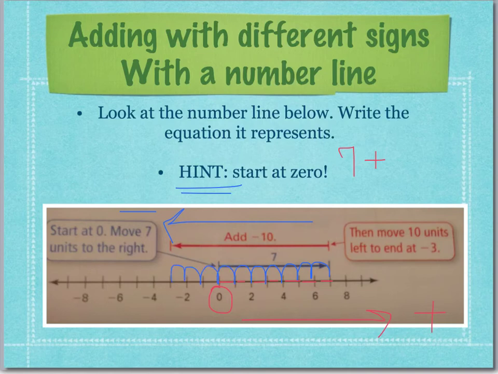So I move 10 towards the negative numbers, so I'm going to add negative 10, and my answer, I end up on negative 3. So this is a typical question that you'll see on tests throughout the year, where you'll be given a number line or the counters, and you'll have to write the equation that is shown.